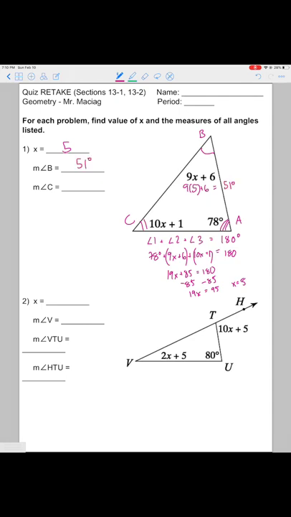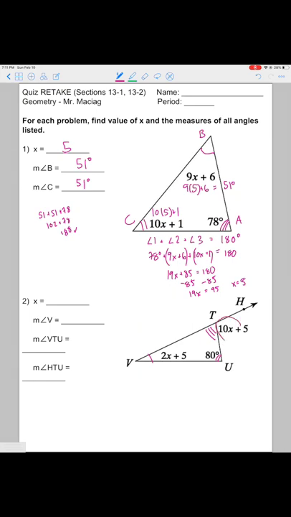And then angle C would be 10 times 5 plus 1, so 50 plus 1, so another 51. We can check our work by doing 51 plus 51 plus 78. That's 102 plus 78, and that is 180. So that checks out.